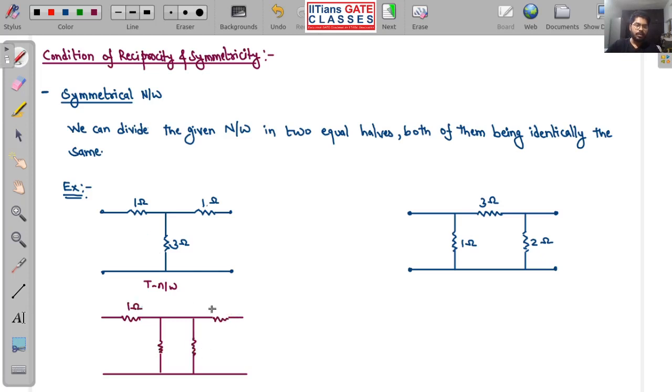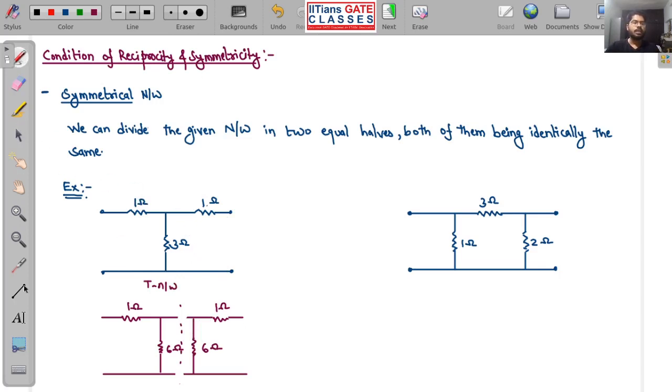This is 1 ohm, this is 1 ohm, this is 6 ohm, this is 6 ohm. Now if I break this circuit from this point, are they identical? Obviously they are identical, and both are the same circuit. So this means this whole T network is my symmetrical network.